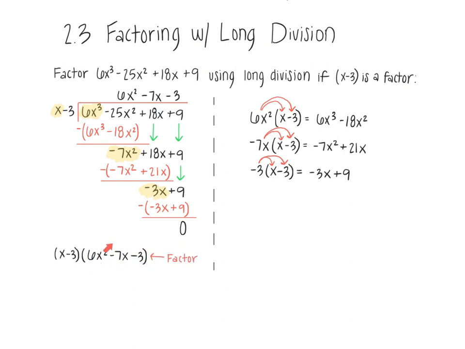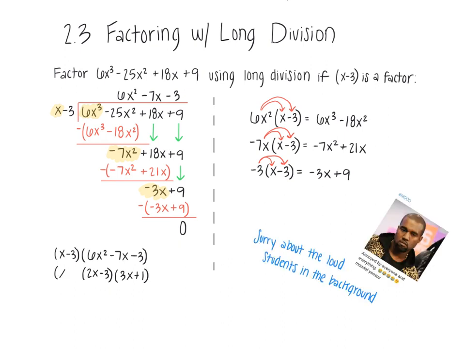And so I'm not going to show the steps for that because we should already know how to factor something with a power of 2. But this is going to end up factoring out to 2x minus 3 times 3x plus 1. And of course, I need to bring down my original factor.